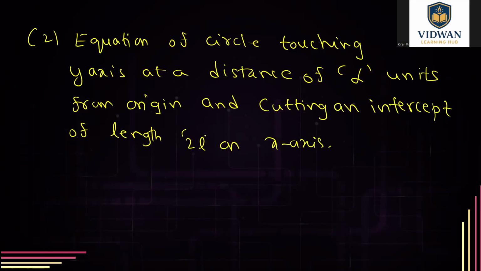So it's similar only. You can just try it once. So here also you can have 4 possible circles because I didn't particularly mention it is on the positive axis.